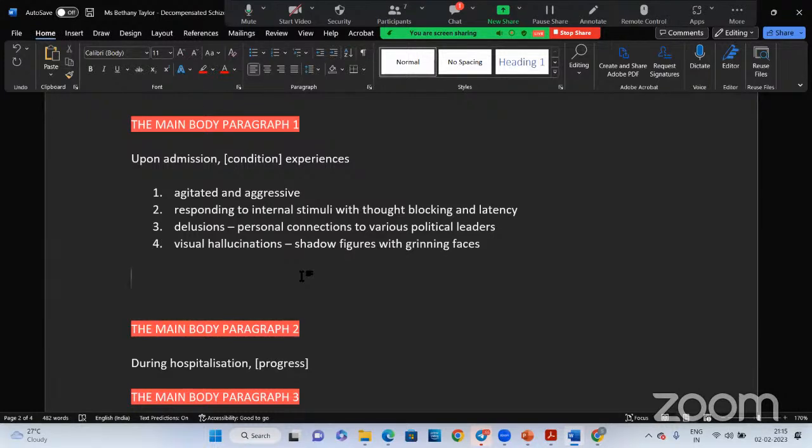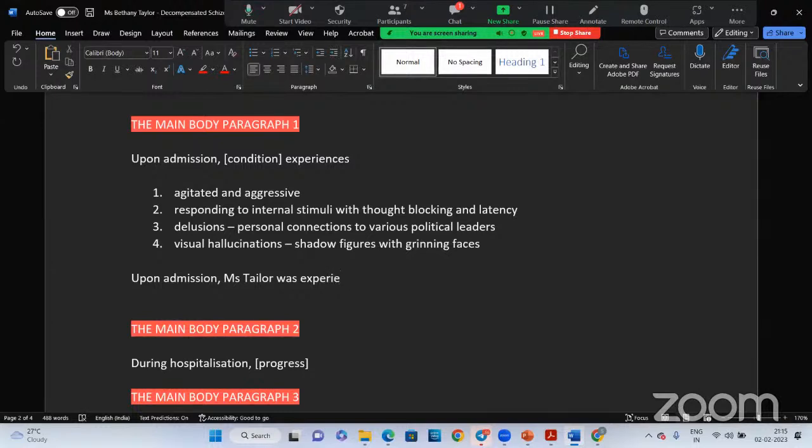Now let us see how we are going to write. You start with "Upon admission," comma. Miss Taylor was experiencing. Why "was experiencing"?